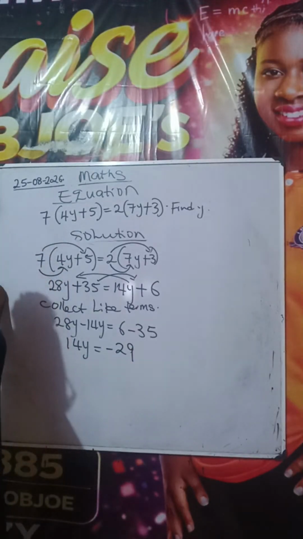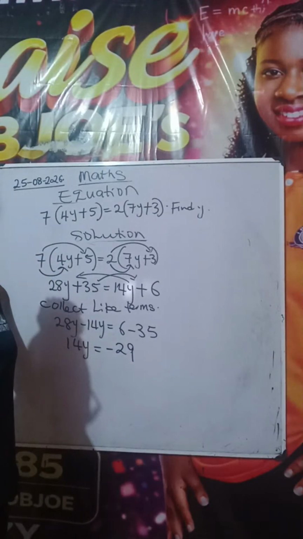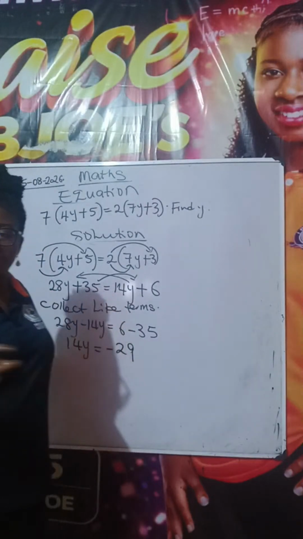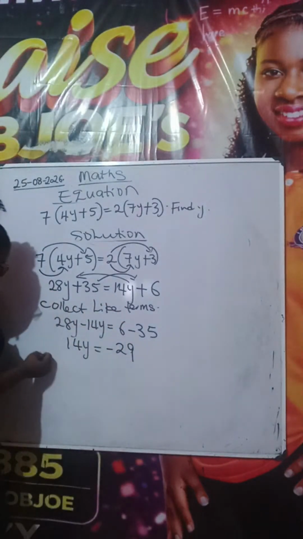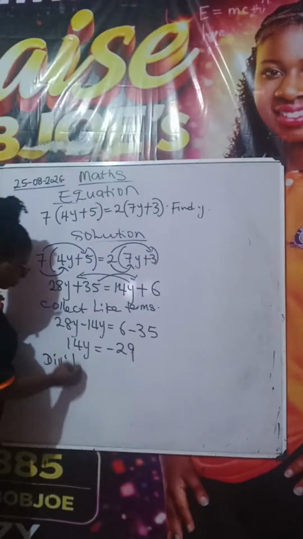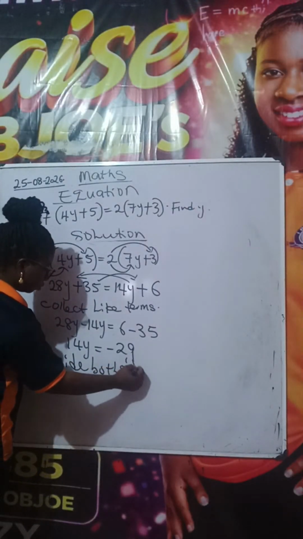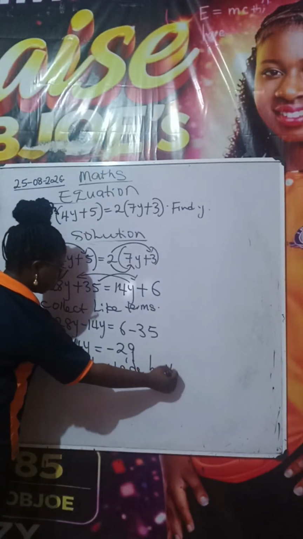Then what next again? Yes, negative. Good. Now all we need to do next is to divide both sides by 14.